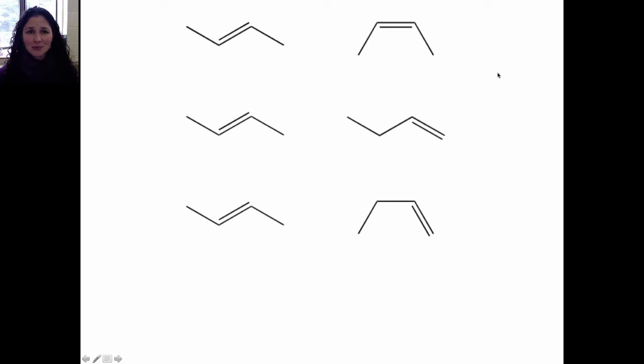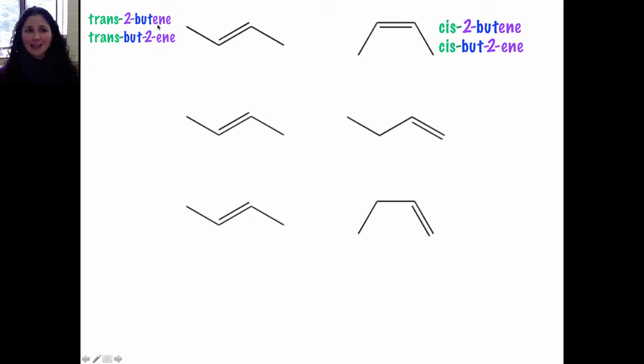If we named these molecules, we would name them 2-butene or but-2-ene. The 2 tells you where the double bond is, and the ene ending tells you that it's an alkene. In this isomer, the bond is oriented so that the methyl groups are trans to each other. There are also hydrogens that are on this molecule, but they are not written because this is a skeletal structure.